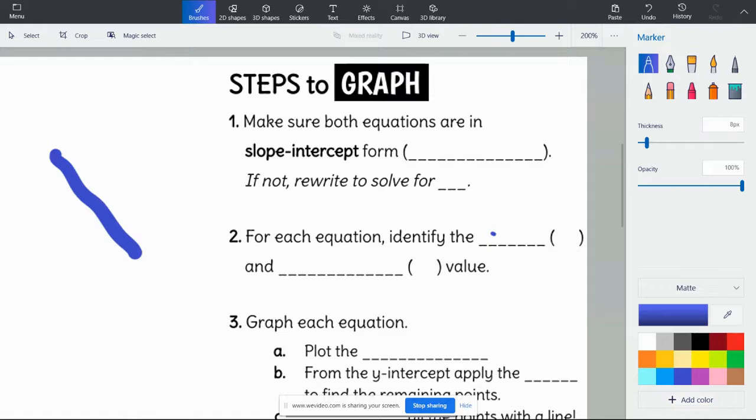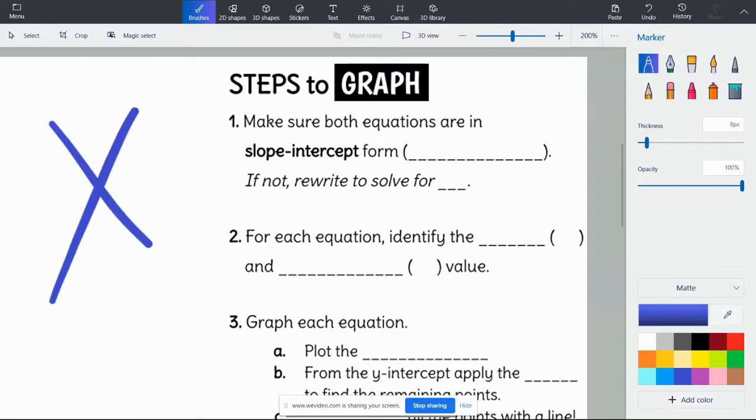Okay, if you think about two lines, one line, two line, there's only one possible place they could intersect. There's zero ways that a line can intersect more than once, except for one special situation that we'll talk about later. Okay, so we're going to find the one point where those two lines intersect.